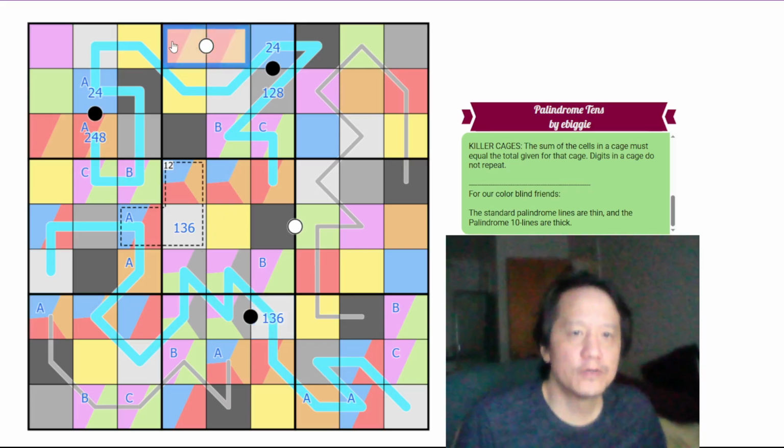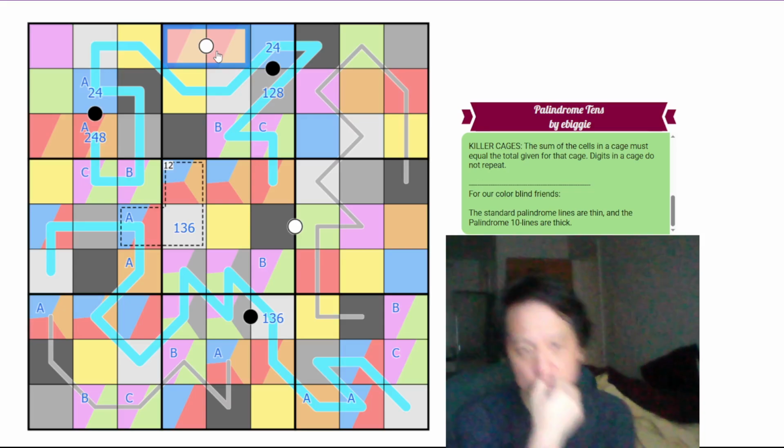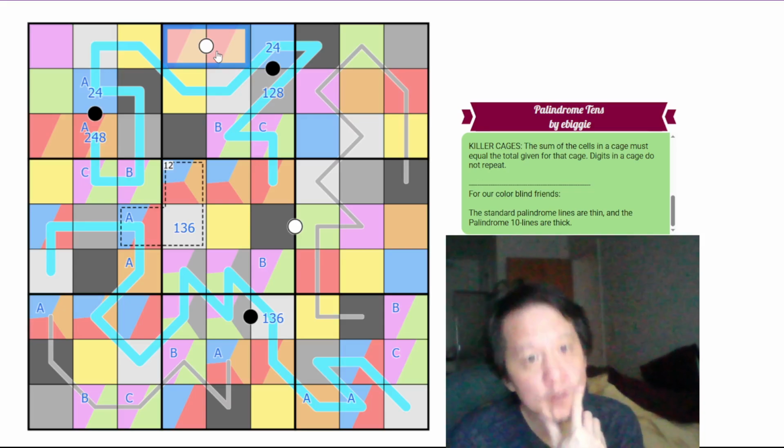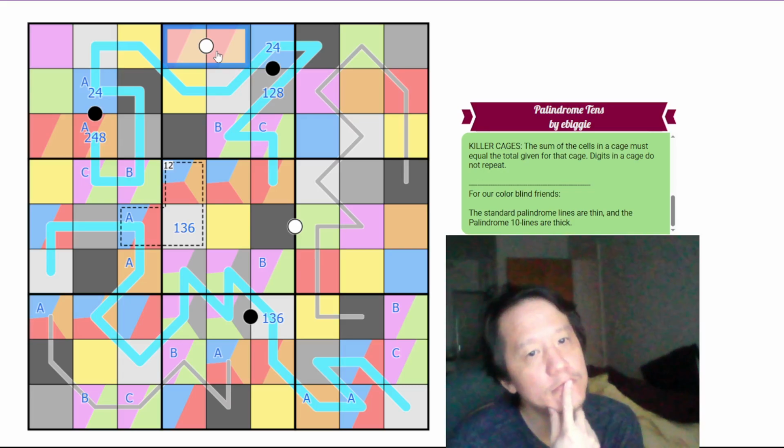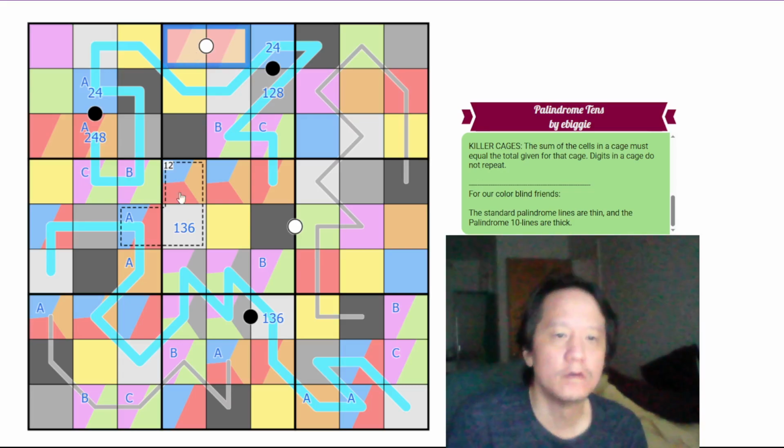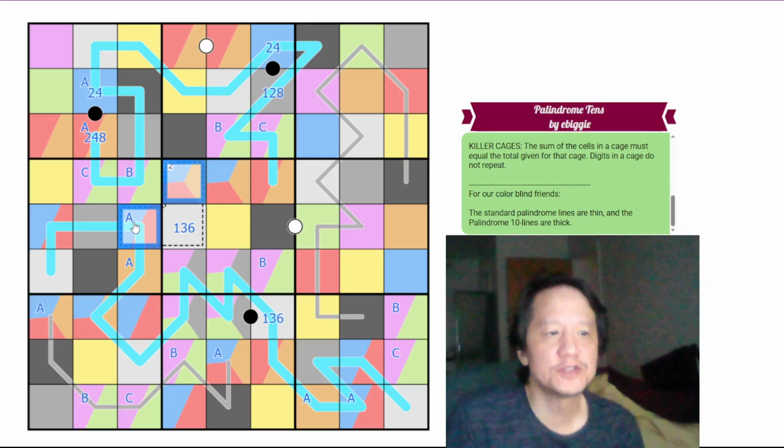So the other one of the red-orange must be either 1, 3, 5, 7, or 9. If this were blue, that's interesting.